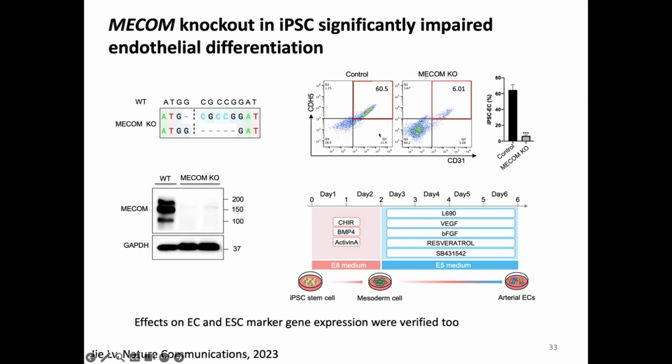And as a result, we see that differentiation from iPSC to endothelial lineage was almost totally repressed. Before the knockout, we can get about 60% of endothelial cells after the differentiation, while after the knockout, we get only about 6%.